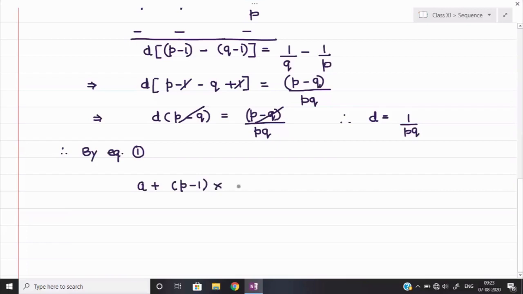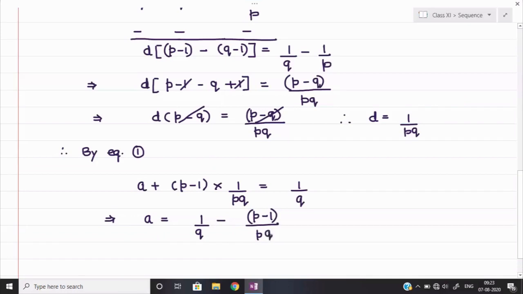So the value of d I have here 1 upon pq is equal to 1 upon q. Okay, now p minus 1 into 1 upon pq I am sending to that side. So the value of a will be equal to 1 upon q minus p minus 1 upon pq.